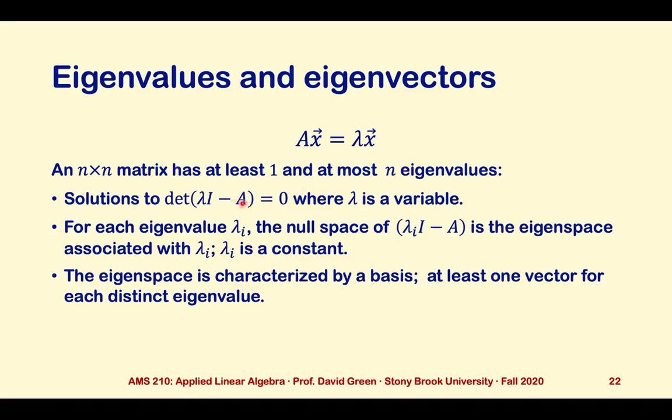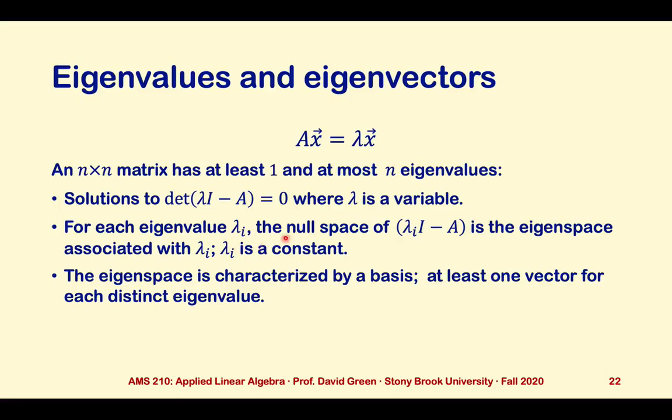Once we have solutions, we have a set of lambda i that are just numbers. Those numbers can be plugged into the same matrix expression, lambda I minus A, and the null space of those matrices, one for each eigenvalue, gives us the eigenspace associated with that eigenvalue.